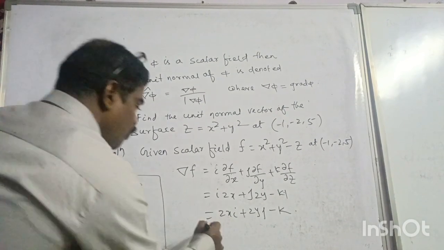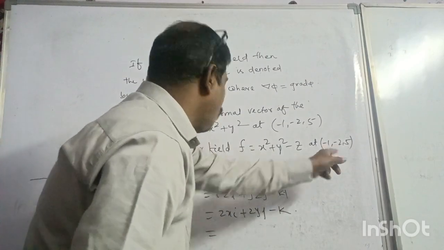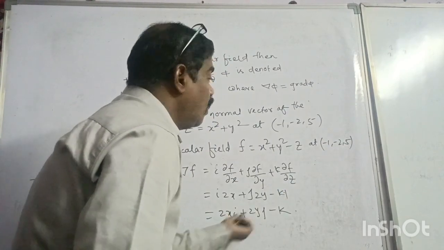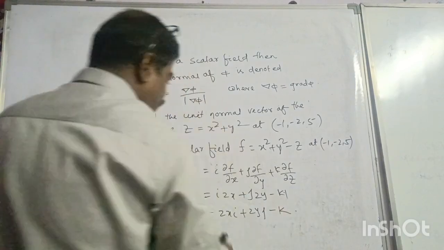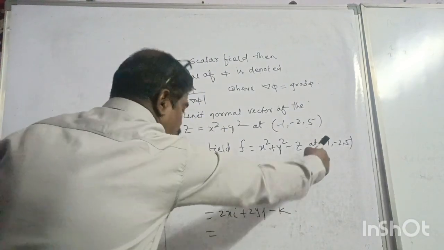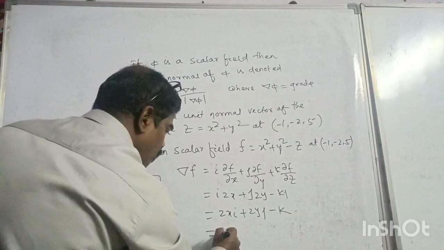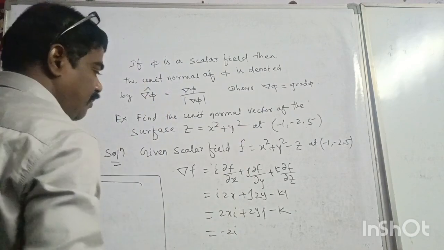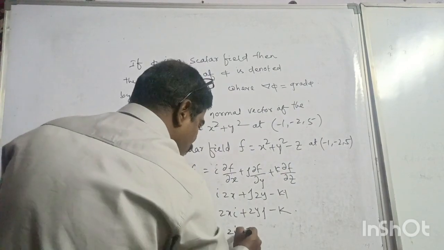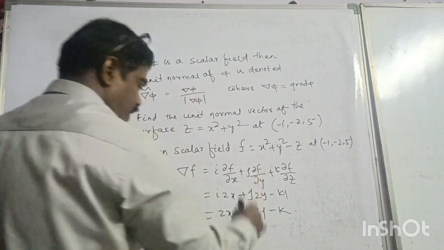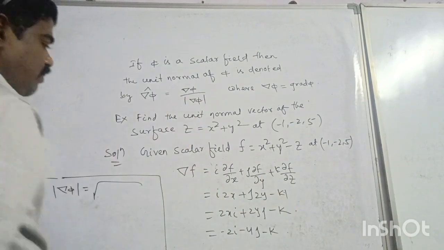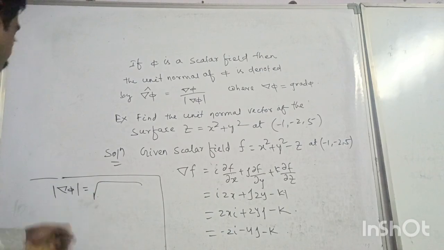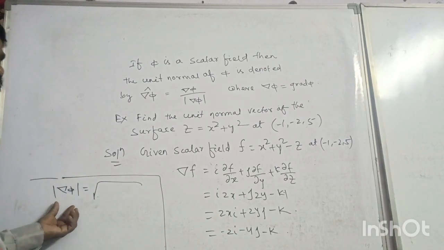We are applying the point: x is equal to minus 1, y is equal to minus 2, and z is not there, right? So applying here, what are we getting? Minus 2i minus 4j, and z is not there, simply we are writing minus k only. Understand? Fine.